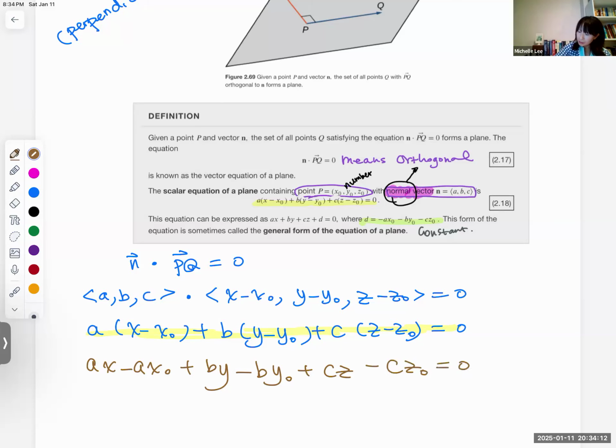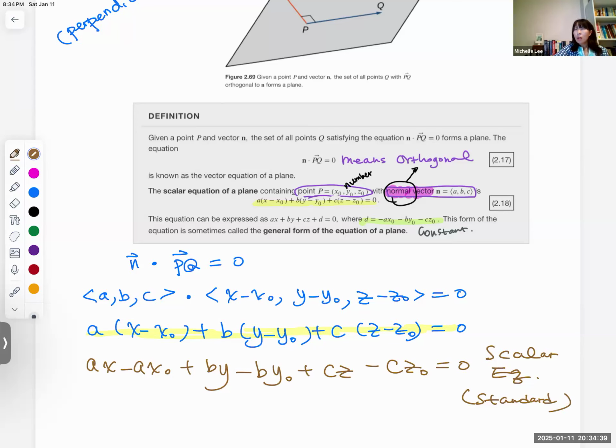So we call this the scalar equation, or we say the standard equation, right?